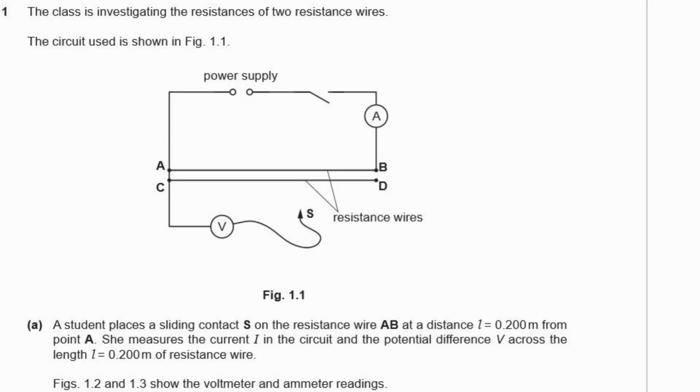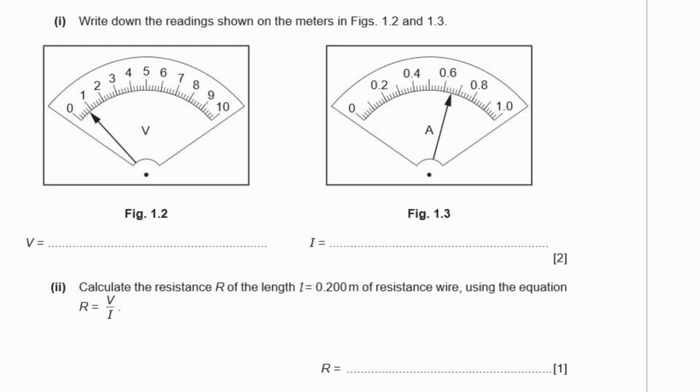Figures 1.2 and 1.3 show the voltmeter and ammeter readings. 1. Write down the readings shown on the meters in figures 1.2 and 1.3.